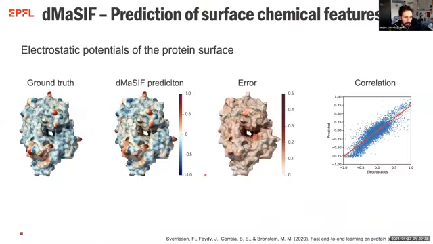And so when you compare what we could consider the ground truth that we were using before and the D-MaSIF prediction, for instance, in terms of the electrostatic potentials of this protein surface, they're actually not that different. We see some differences here in this pocket, but honestly, they're on par with what we need for these predictions.